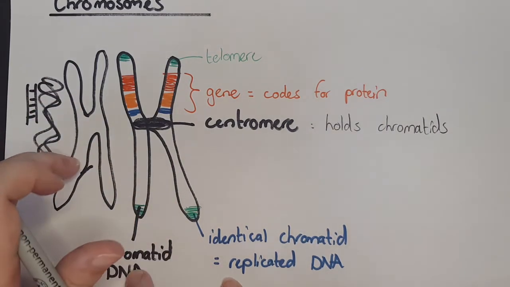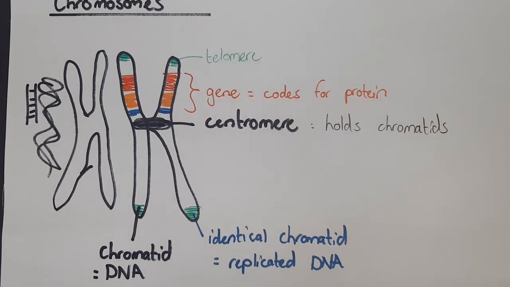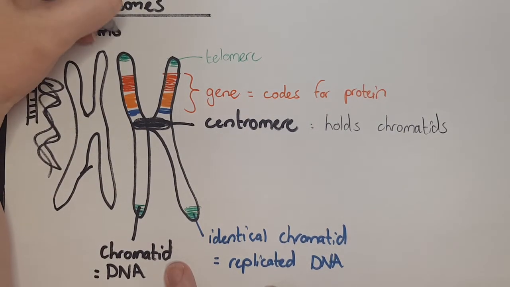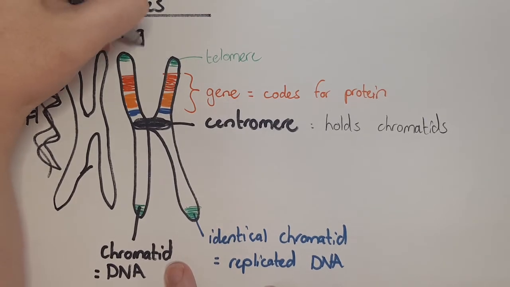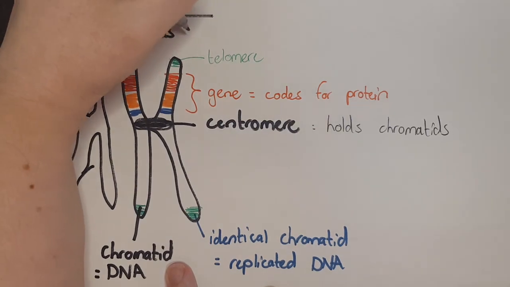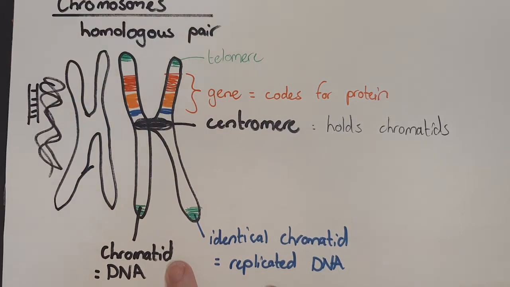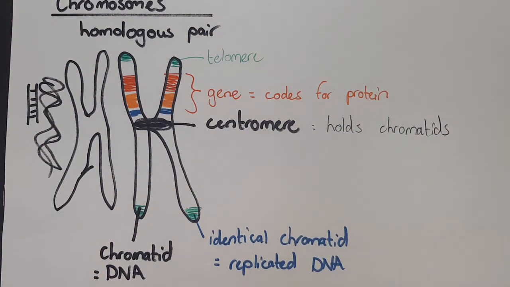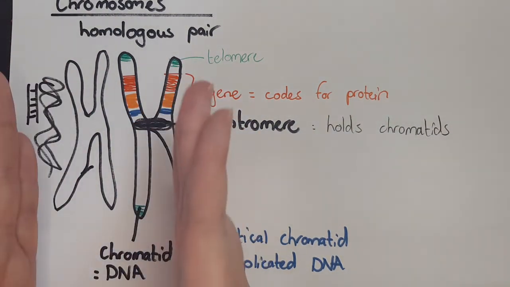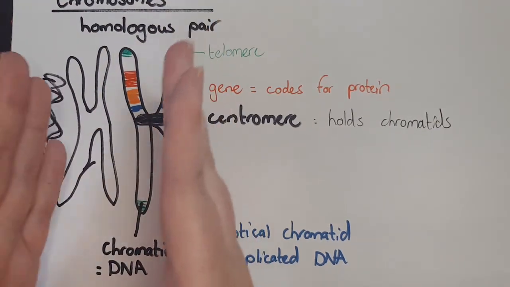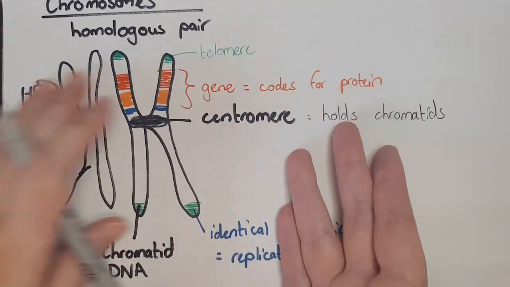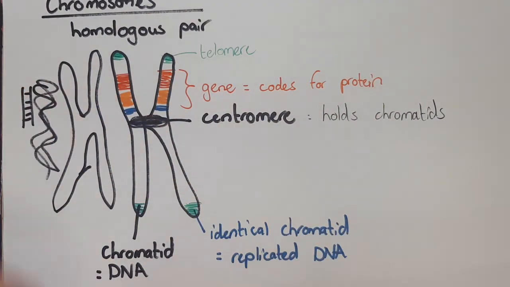When we have them paired up, we call those pairs homologous. So we have 23 homologous pairs of chromosomes, 46 chromosomes in total, meaning that they match. You just got one from your mother and one from your father, and then you read the specific genes in them.